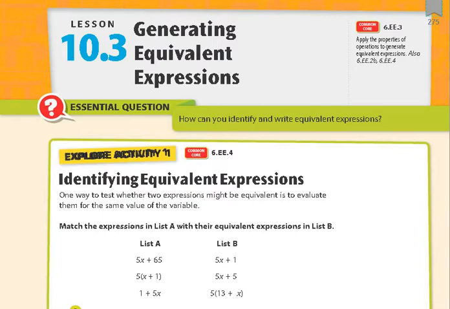The way we figure that out, we're going to use the distributive property, which you're going to learn down here in just a little bit. The distributive property says that we take the 5 and multiply it by the 13 and by the x.